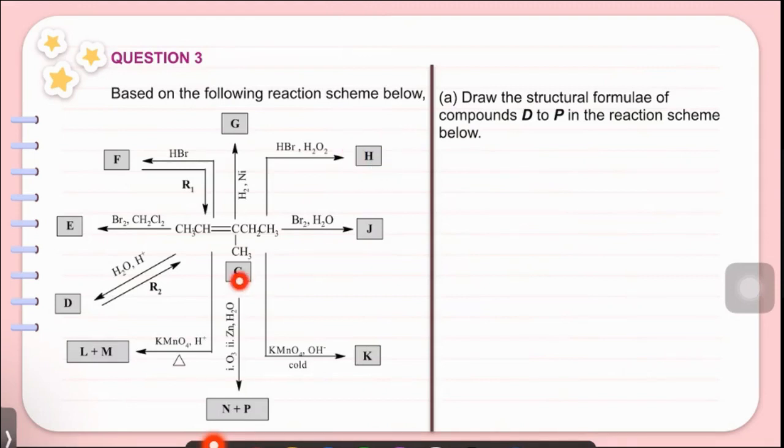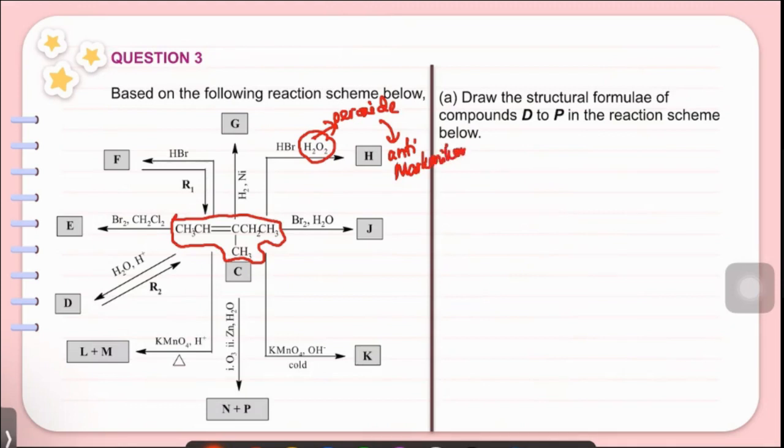Okay, so starting from C alkene compound, react with HBr in the presence of H2O2 peroxide. Okay, so bila ada kehadiran peroxide, automatic product yang form kita kena follow anti-Markovnikov. Okay, so bila follow anti-Markovnikov, you all need to identify which one is more electropositive.